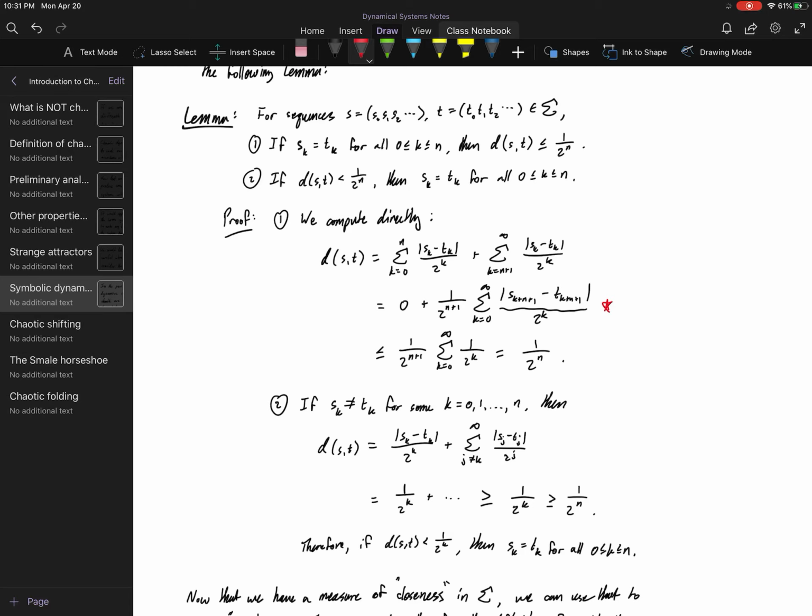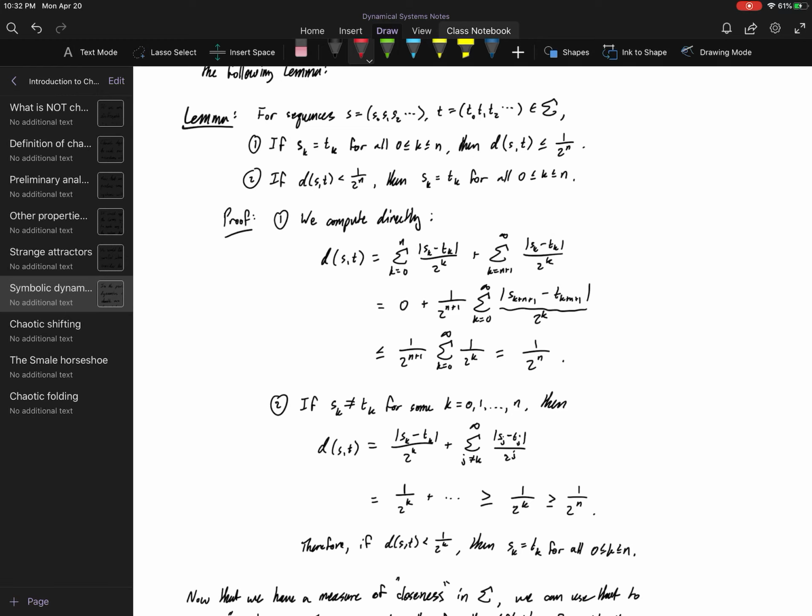And we can see very quickly that this is a geometric series, which sums up to 1 over 2 to the n. So if our two sequences only differ after n plus 1 terms, then the greatest that those two sequences could be apart in sigma is 1 over 2 to the n.